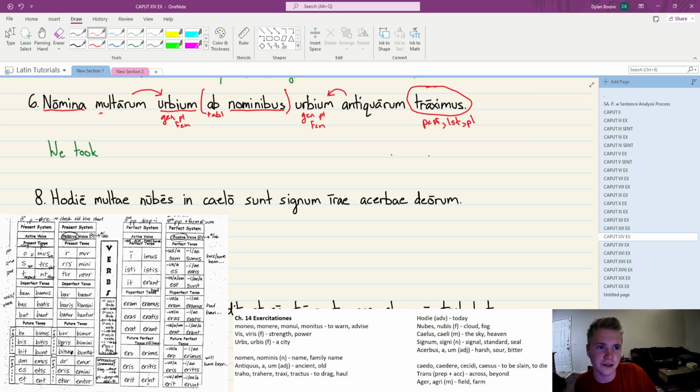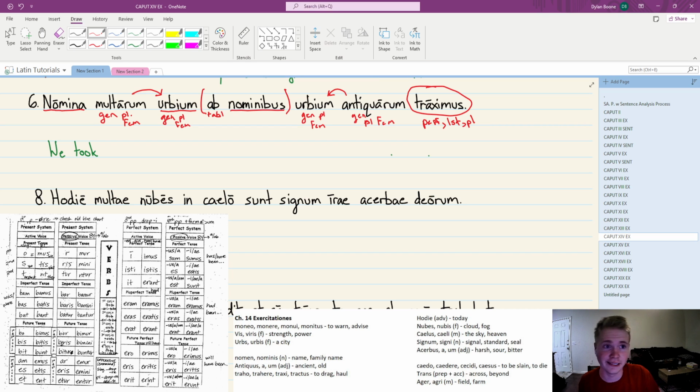So there's four words knocked out just from experience with i-stems. So we know that urbium antiquarum is a pair, and multarum urbium is a pair.